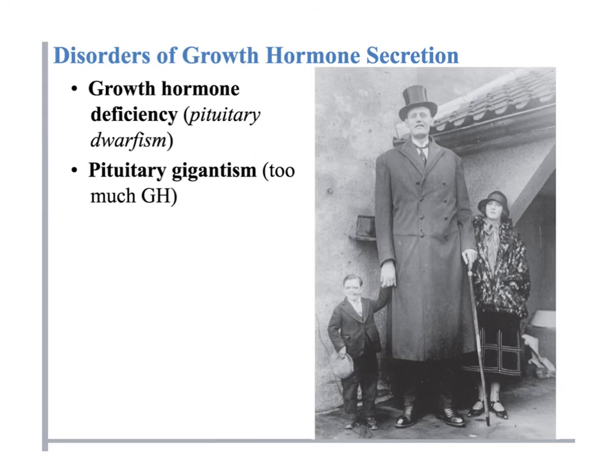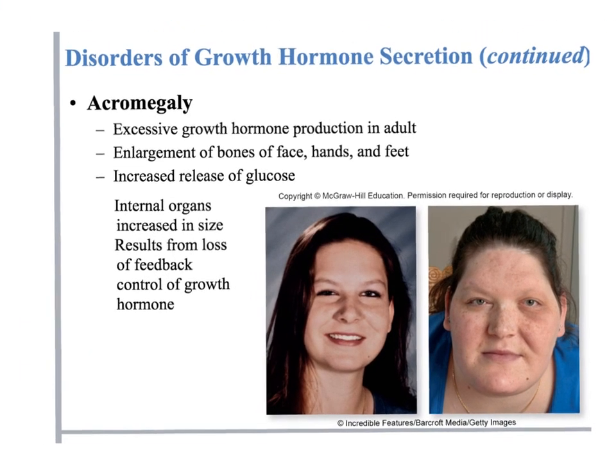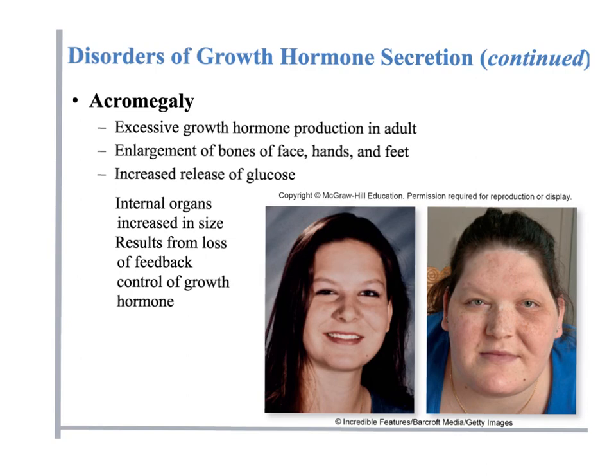Now, what happens when you have too much growth hormone as an adult? That's what we call acromegaly. Excessive growth hormone as an adult. Now, you still have growth hormone receptors.